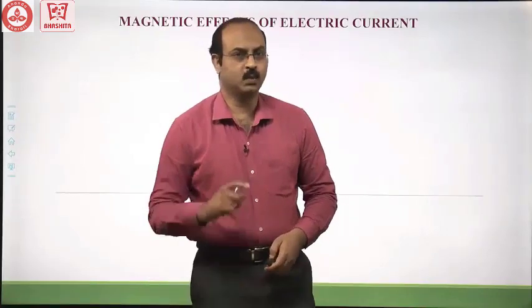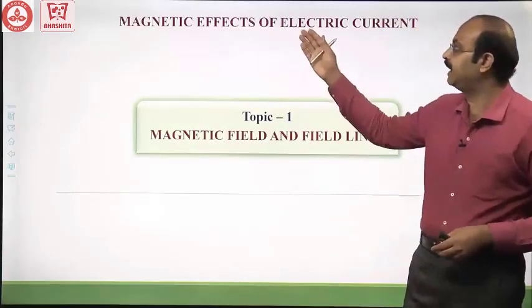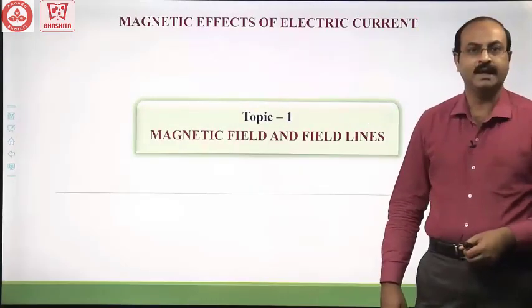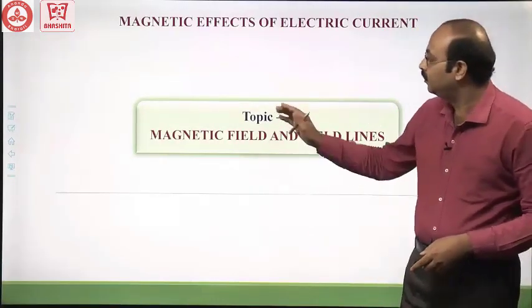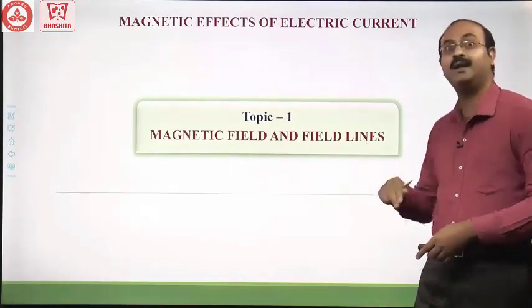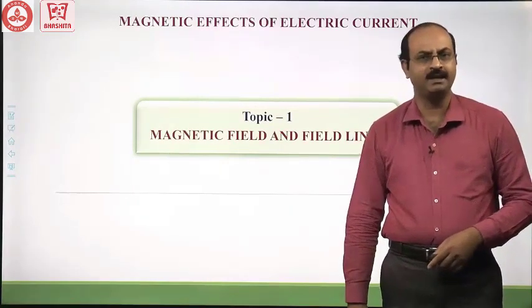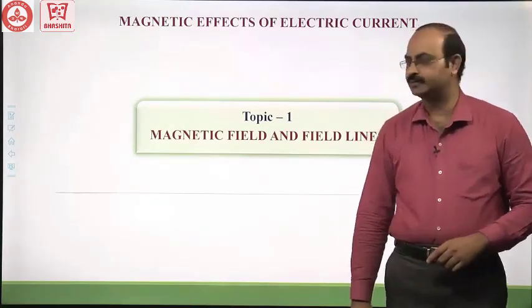Hello students, welcome again. In topic 1 of our chapter, Magnetic Effects of Electric Current, we will be dealing with the magnetic field and field lines. Will we be able to see any actual field lines? That you will find out.